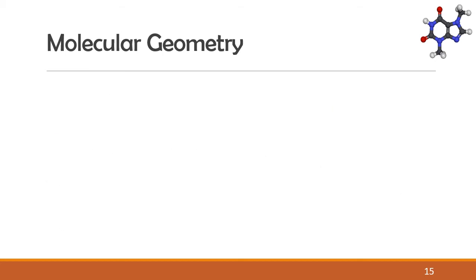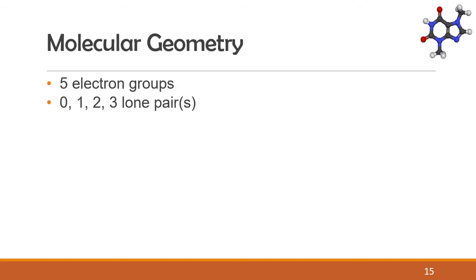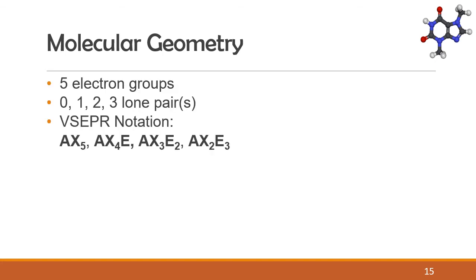Another set of basic shapes forms with five electron groups. The electron groups can be made up of five bonding pairs with a VSEPR notation of AX5, four bonding pairs and one lone pair represented by AX4E, three bonding pairs and two lone pairs represented by AX3E2, or two bonding pairs and three lone pairs with a VSEPR notation of AX2E3.